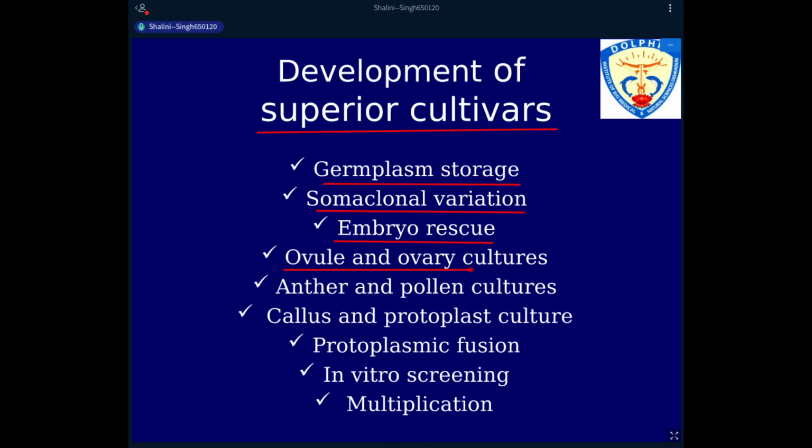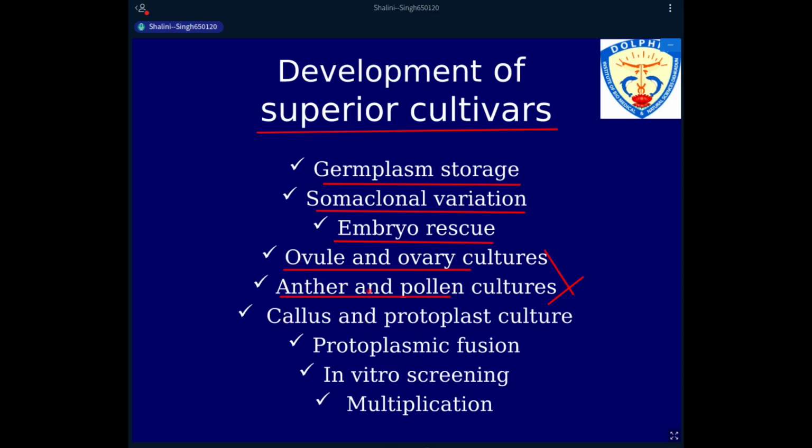Ovule and ovary culture, anther and pollen culture, both these types of cultures are conducted to get haploid plants. Just one condition is that the ovary should be unfertilized, because these are gametic tissues of the plant.